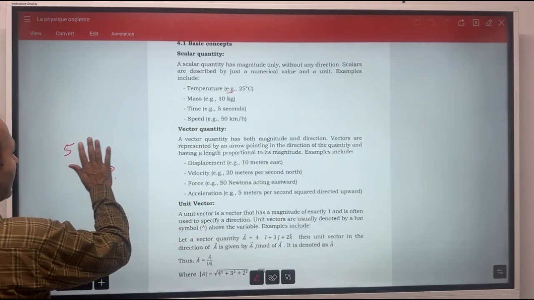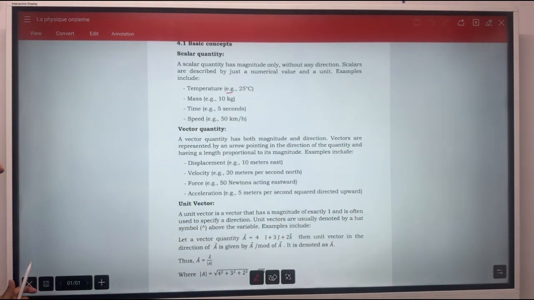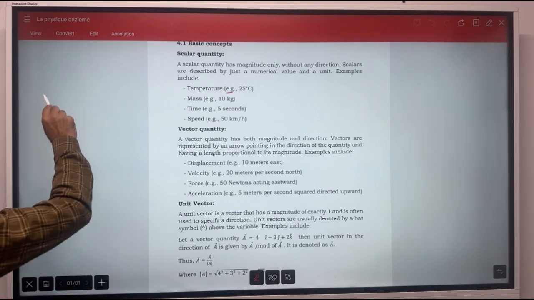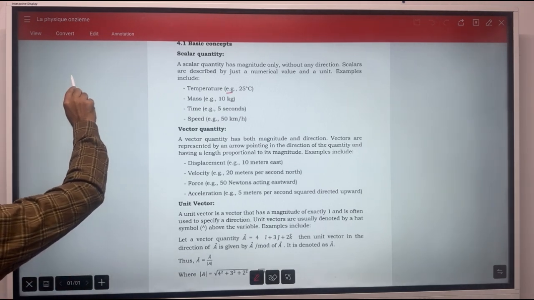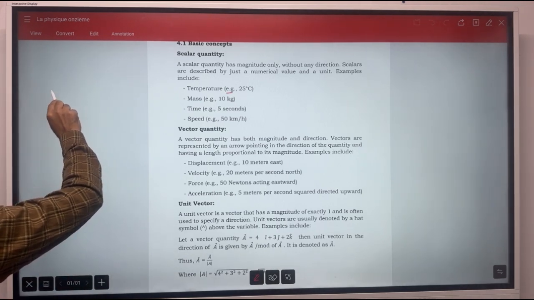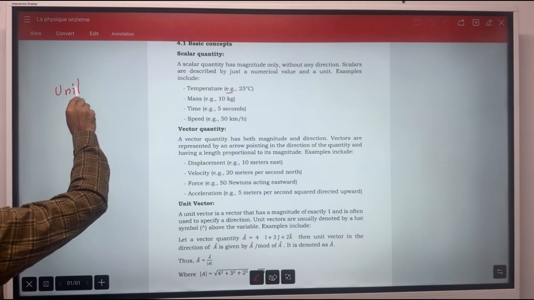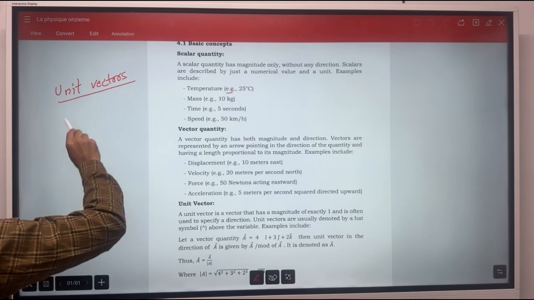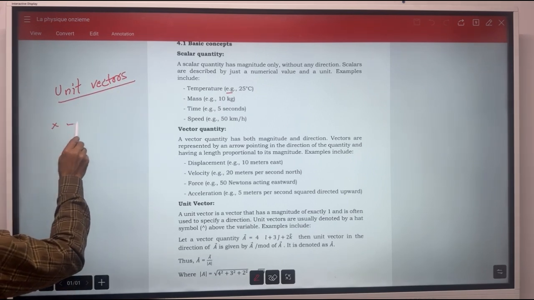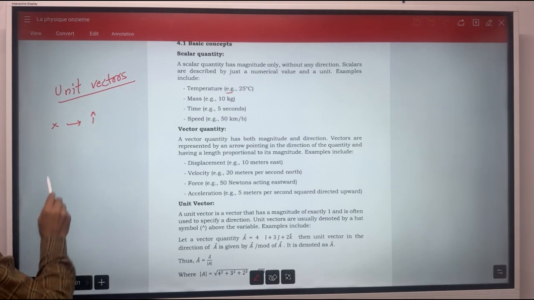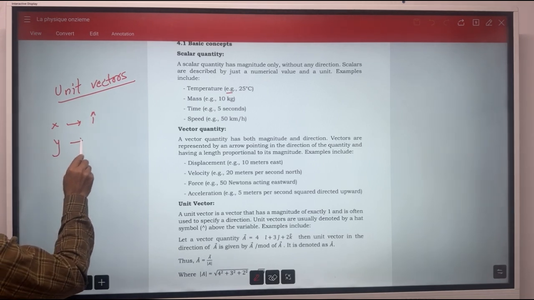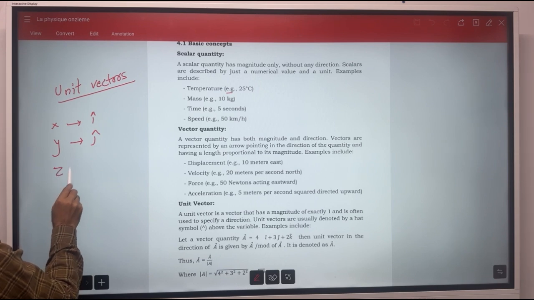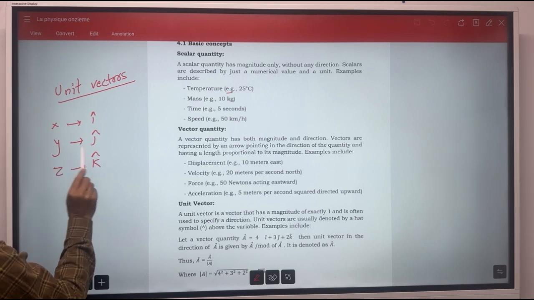Now we are going to see what is the notation of a vector, what are its components, and then we will see other related concepts. Whenever we want to write a vector, we use unit vectors along 3 axes. Along the x-axis we write i cap, along the y-axis we write j cap, along the z-axis we write k cap.